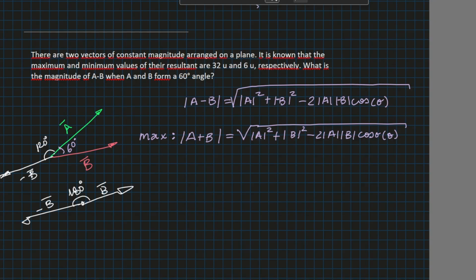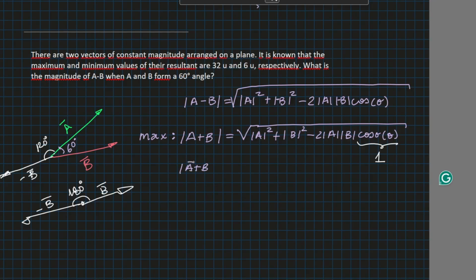So this angle, as we know, the maximum value of the cosine is 1, right? Cosine of 0, for example, is 1. So this is 1 for the maximum. So we continue here, same color.